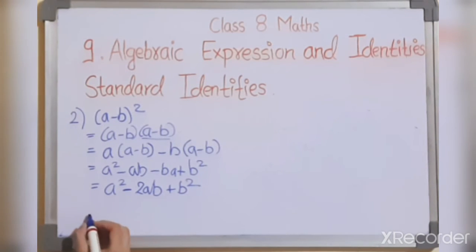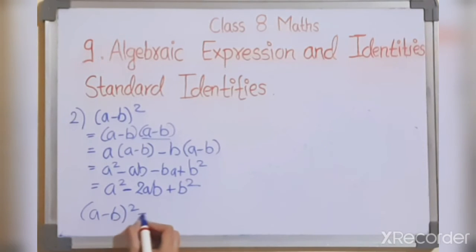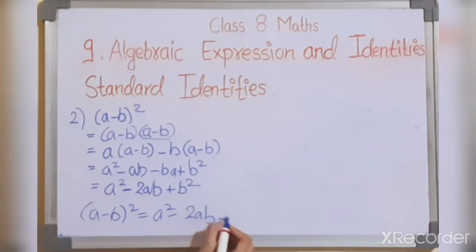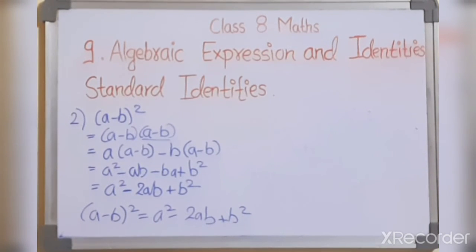So the second identity is (a − b)² is equal to a² − 2ab + b². Clearly this is an identity since the expression on the RHS is obtained from the LHS by actual multiplication.